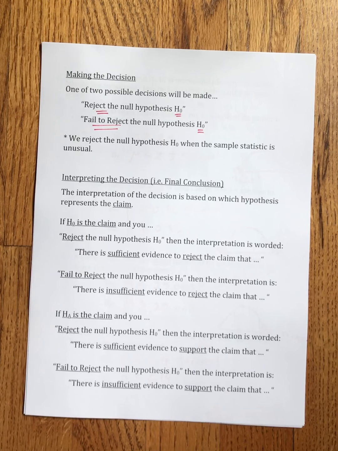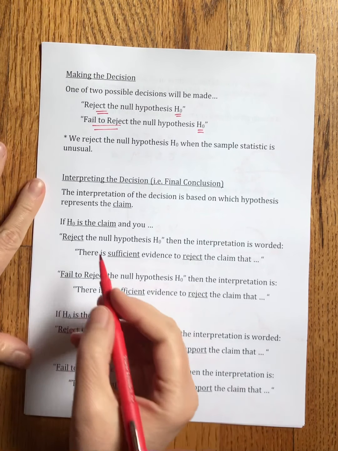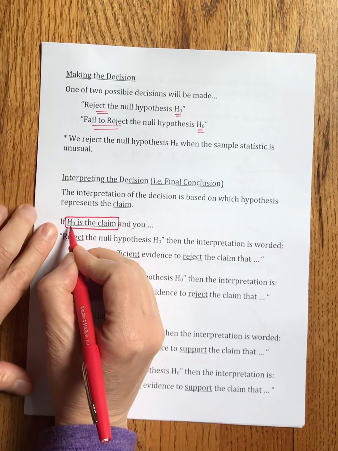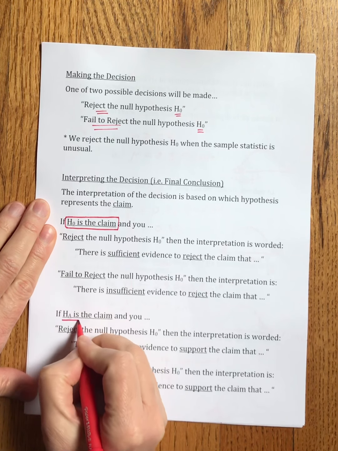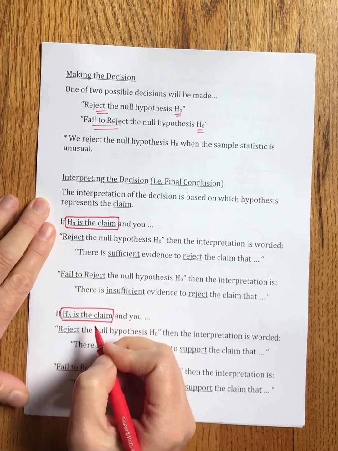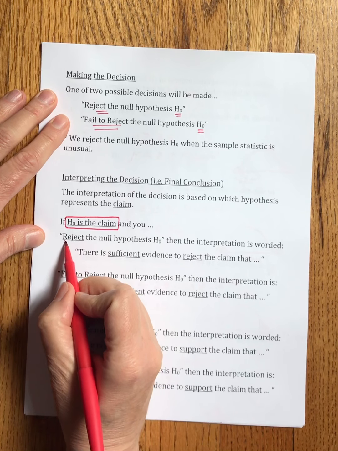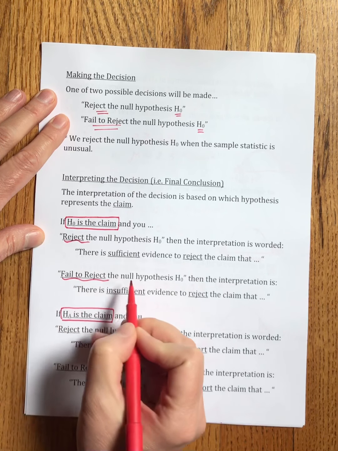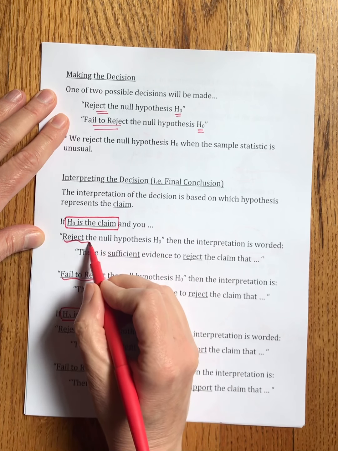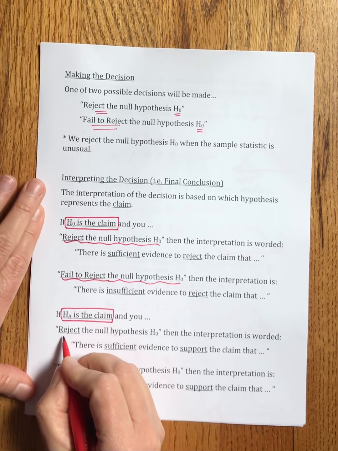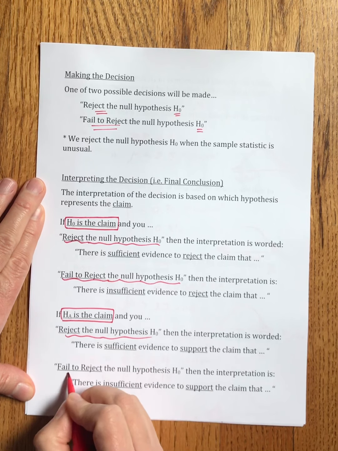So based on the last 2 things we've talked about, based on where the claim ends up, could be next to the null hypothesis, could be next to the alternative hypothesis, and which decision we make, whether to reject or not reject the null hypothesis, we have some really particular wording we want to use to state our conclusion.